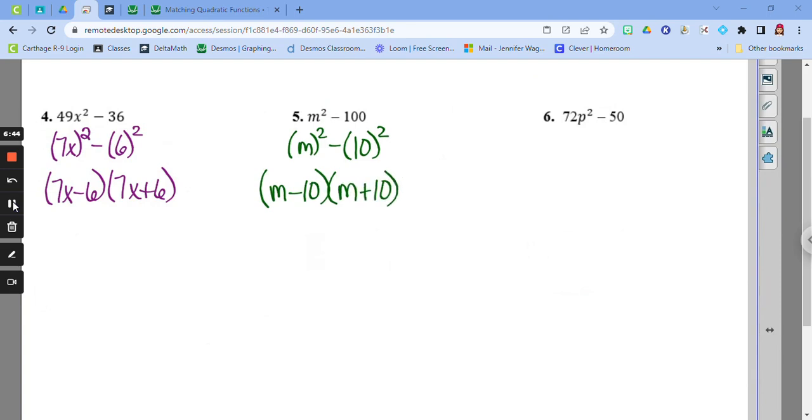I've had a couple people give me strange looks with number 6 because 72 and 50 are not those squares. Okay, but can I divide both 72 and 50 by something? It's even, so we can always divide an even number by 2. Let's factor 2 out of both of those.